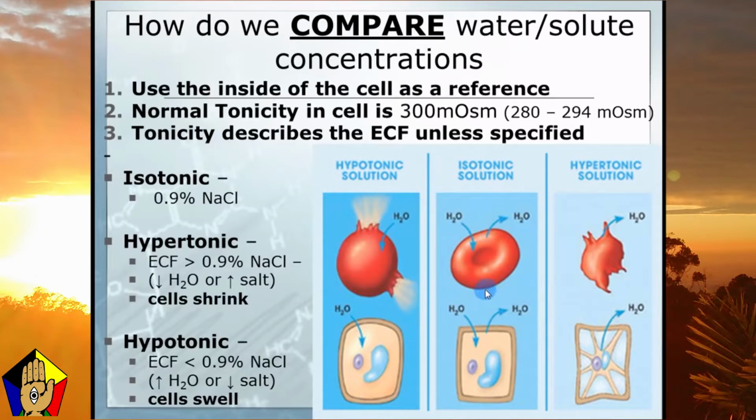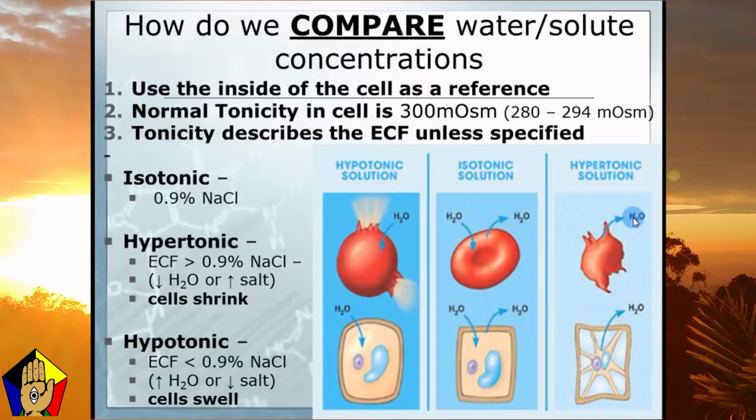If you look at a solution that is hypertonic, hypertonic means more. Tonicity refers to the solute. So we're saying that this solution out here has more solute in it than inside the cell. If it has more solute, when we talk about osmosis, what does it have less of? It has less water. So if I take this 300 and raise it up to 600, what did I just do to the water concentration?